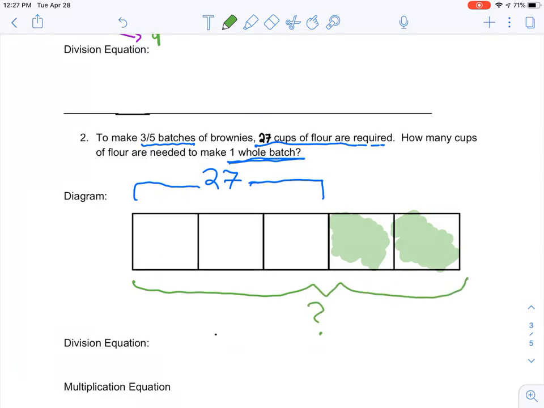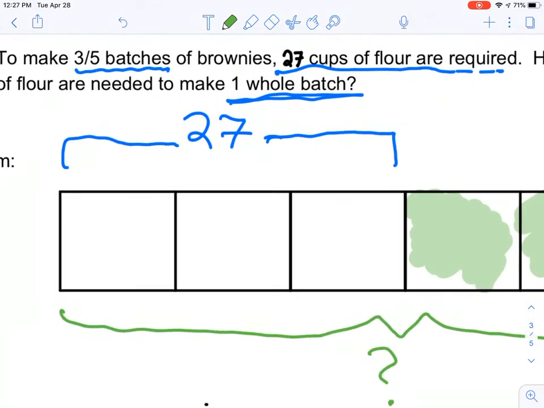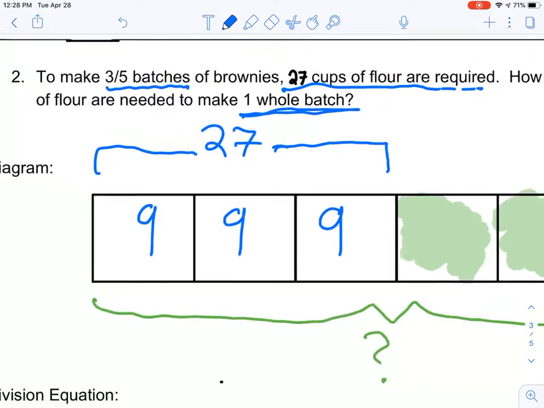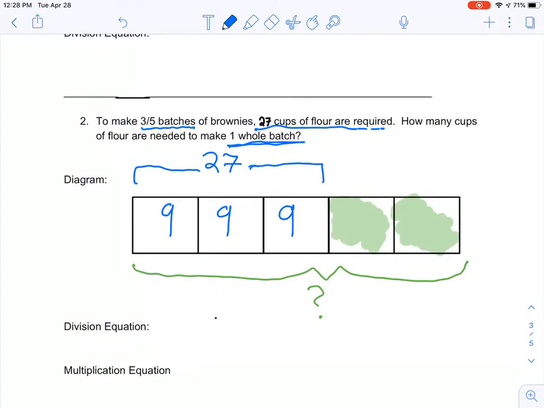That's our question right here that we need to answer. Okay, so 27 divided by 3 groups. Well, 27 divided by 3, we should know, equals 9. 9, 18, 27.